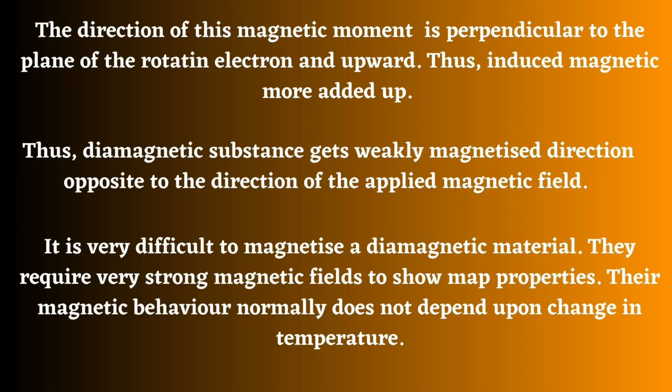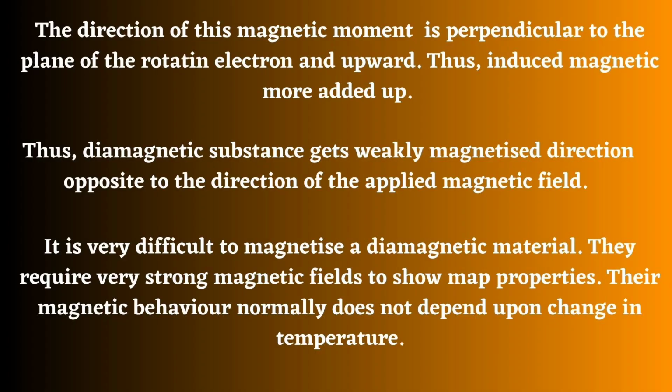So the induced magnetic moment is directed opposite to the direction of the applied magnetic field, which was downward. So when the induced magnetic moments of all atoms are added, the diamagnetic substance has an induced magnetic moment in the direction opposite to the direction of the applied magnetic field.